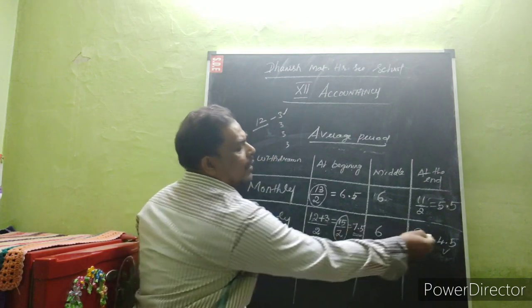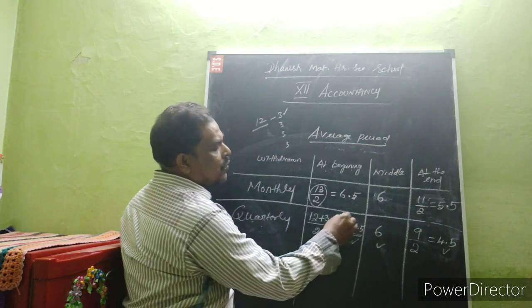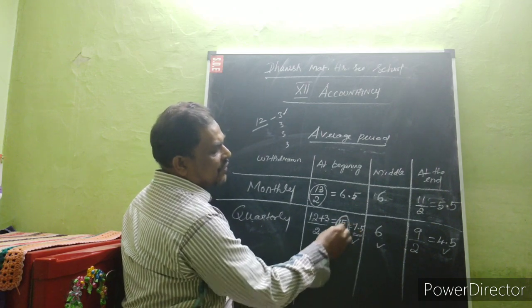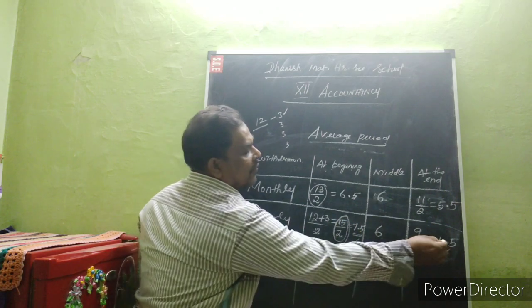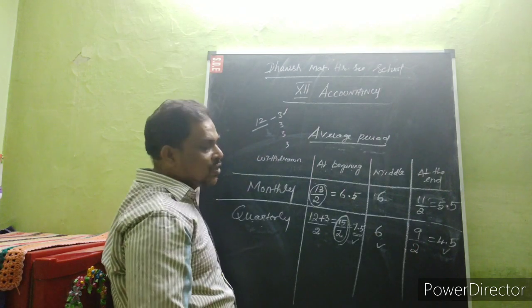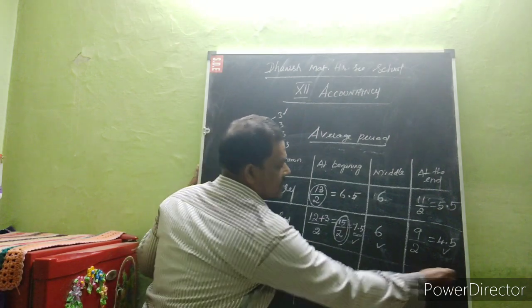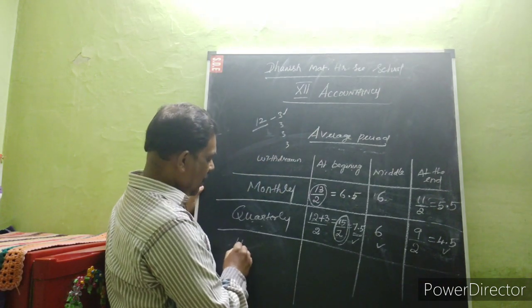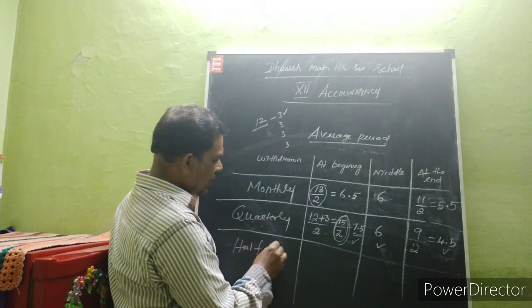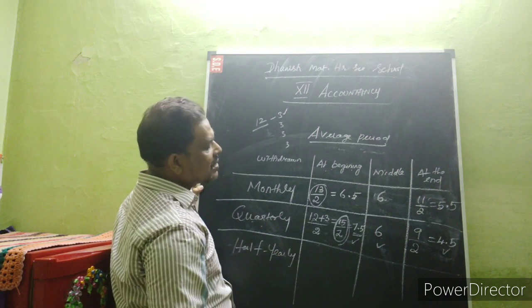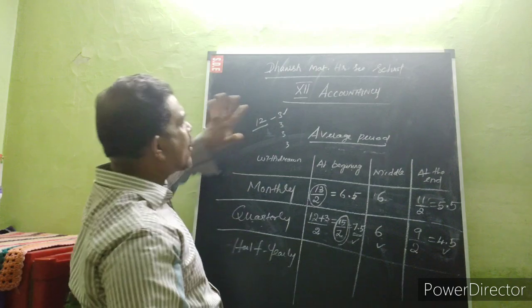So wherever the decimal number is coming, you can use this number. 7.5 is nothing but 15 by 2. 4.5 is nothing but 9 by 2. Now the third one is half yearly. Listen.